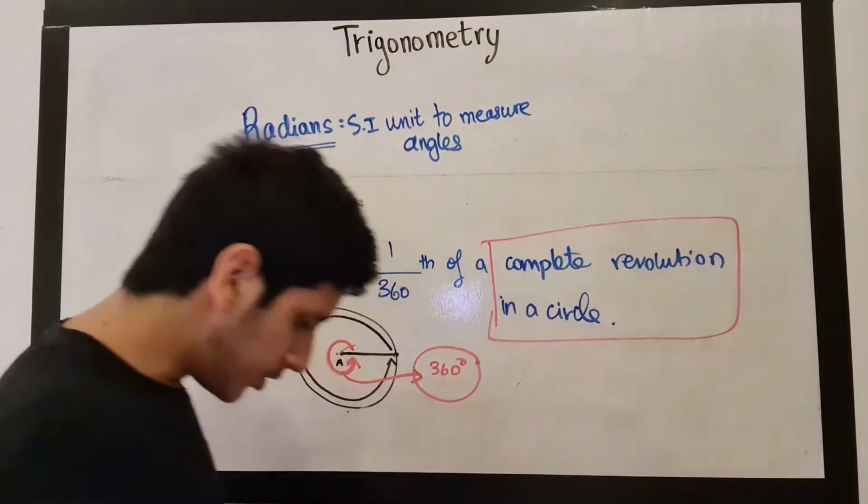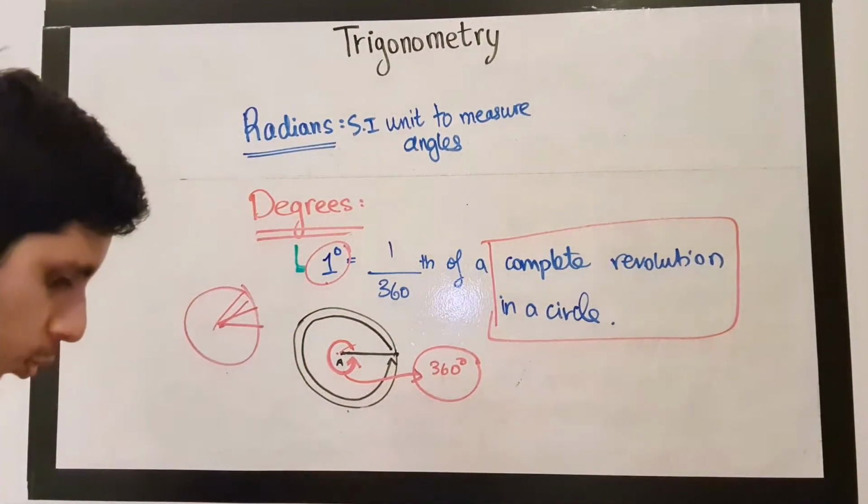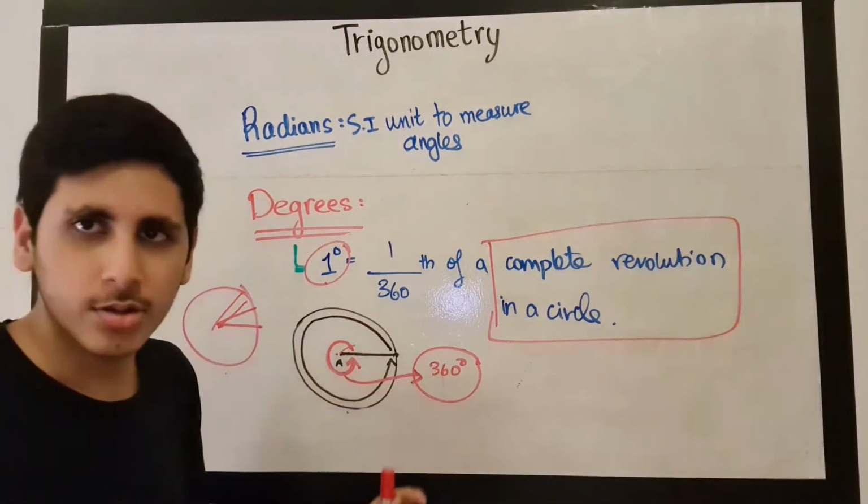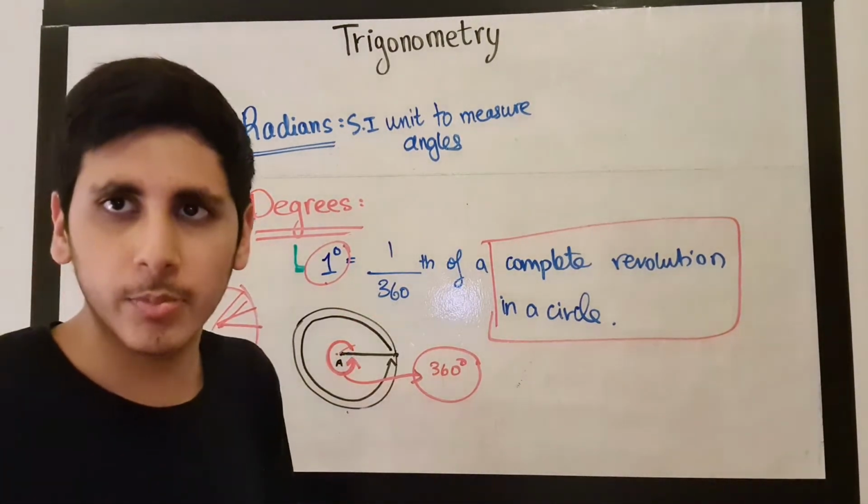And by the way, if you're just curious why we measured 360 degrees, it's a random number.